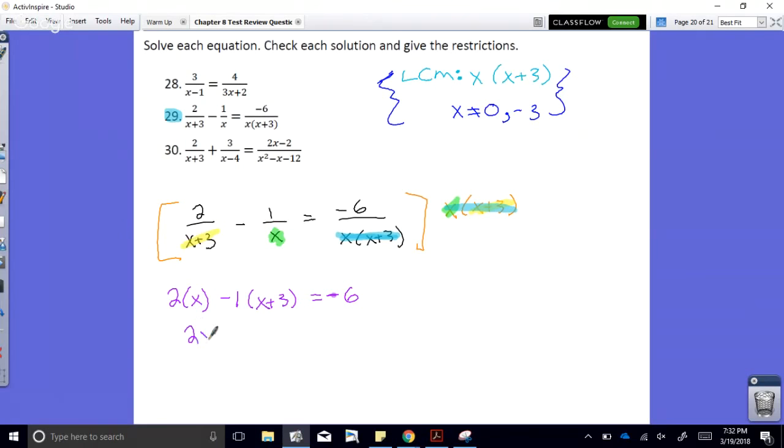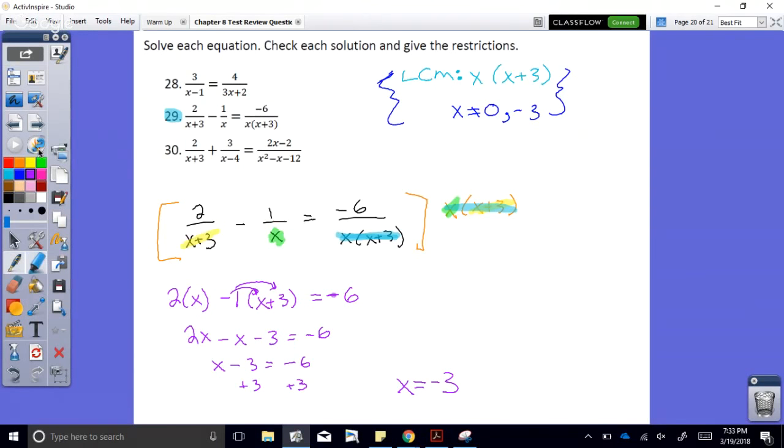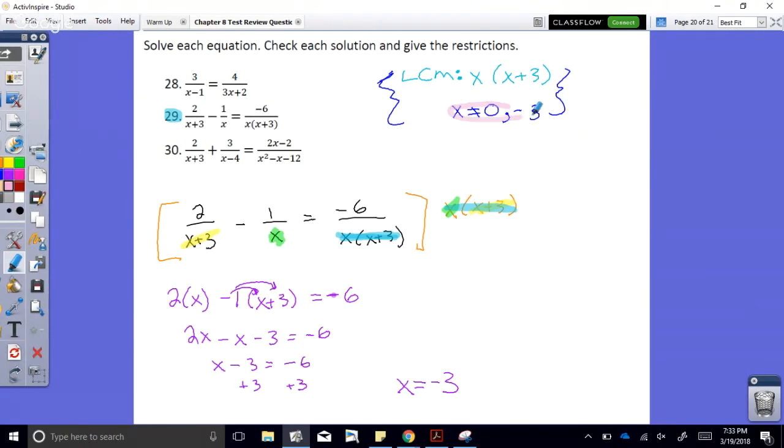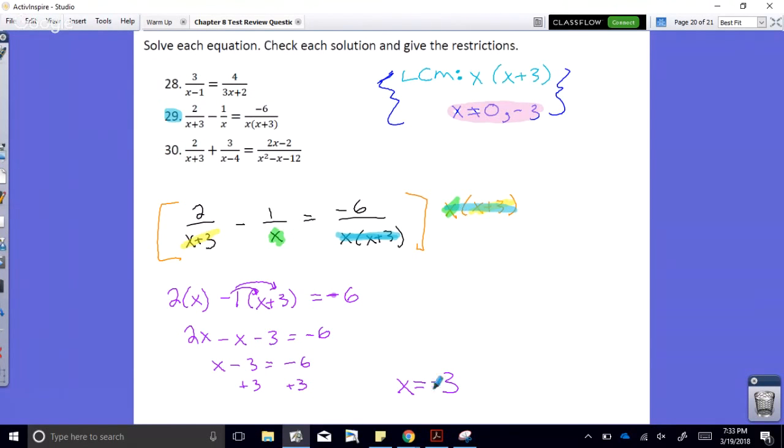So 2 times x is 2x. If I distribute this negative through, I get negative x minus 3 equals negative 6. 2x minus x is x. So x minus 3 equals negative 6. If I add 3 to both sides, I get x is equal to negative 3. However, we said earlier that x could not equal 0, nor could it equal negative 3.